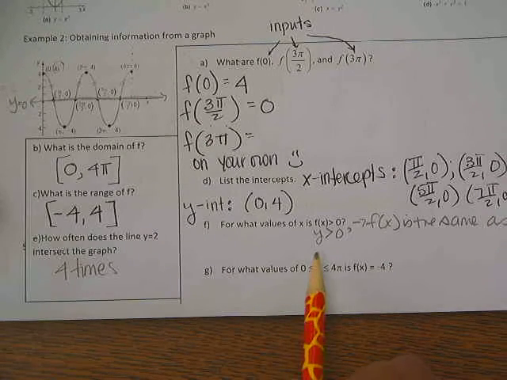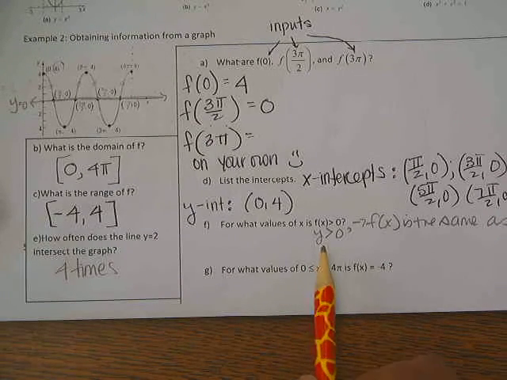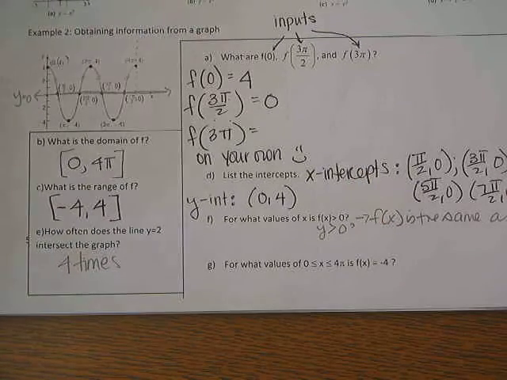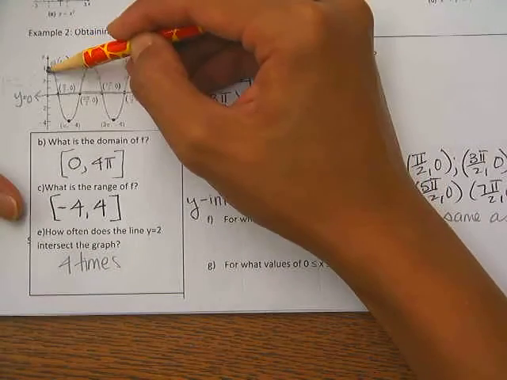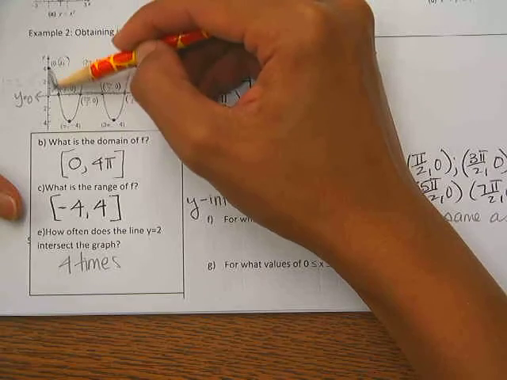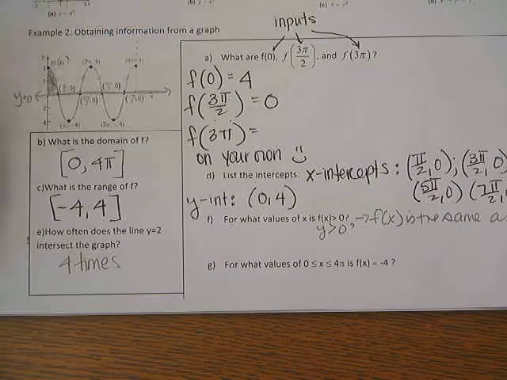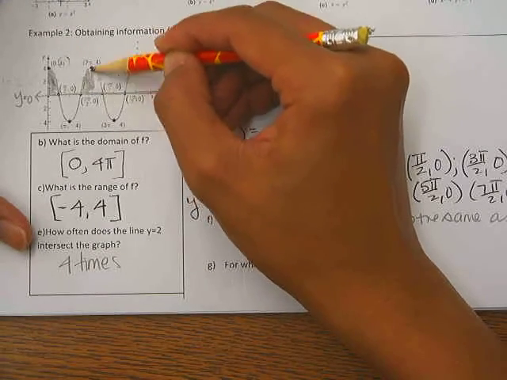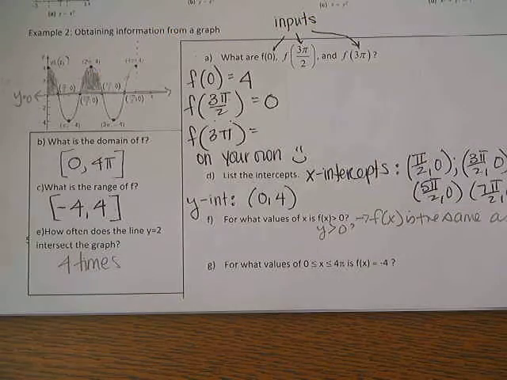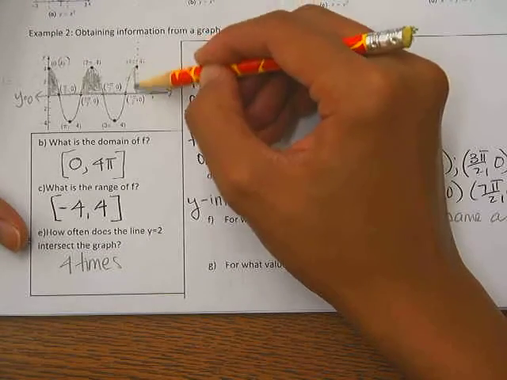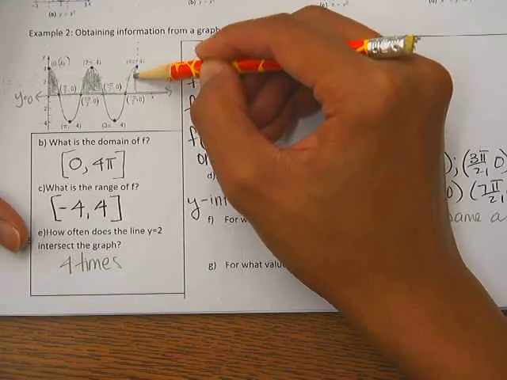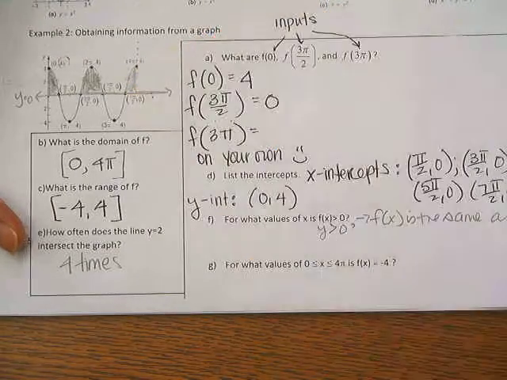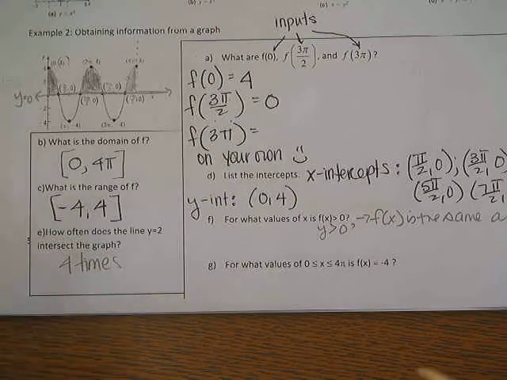But I don't want it to be equal to, I want it to be bigger. So if I want it to be bigger, then I need to look above. So all of this stuff right here is bigger than 0. Would you agree? All of this stuff right here, it's also bigger than 0. And all the stuff right here, it ends right here, so I can't really go over that. So I'm just going to shade in that, okay? So all of that right there is bigger than 0.